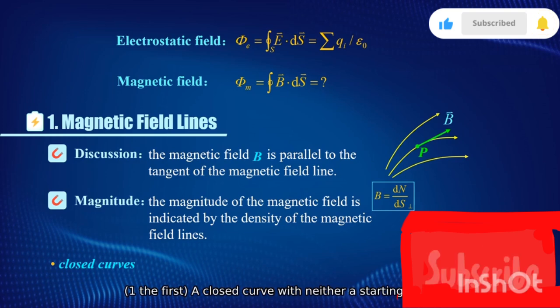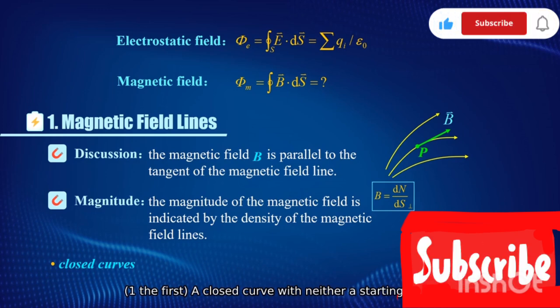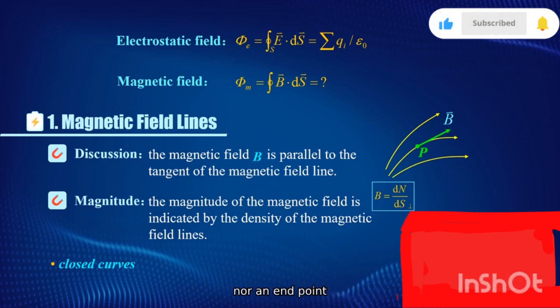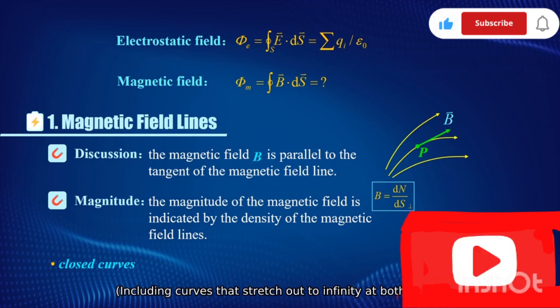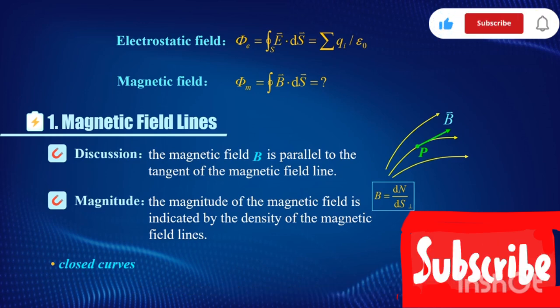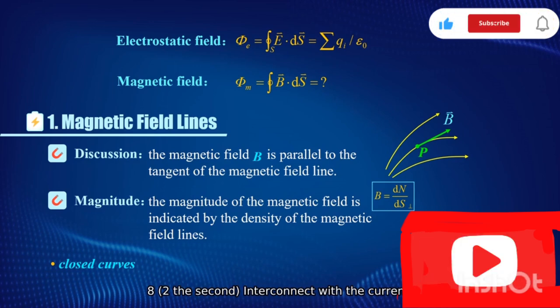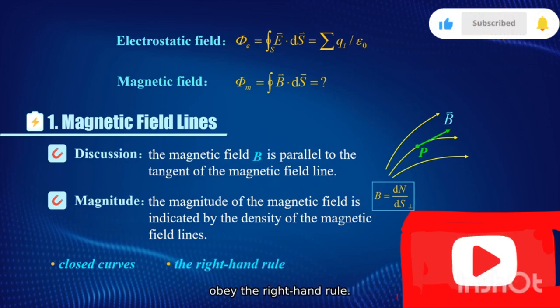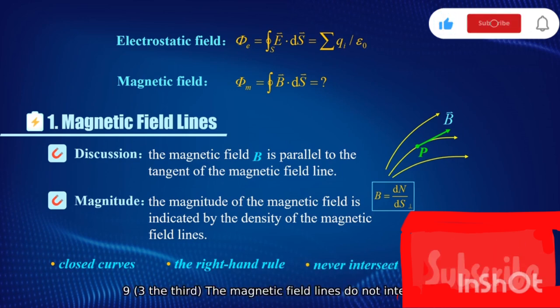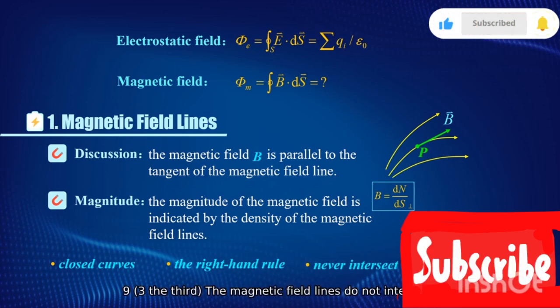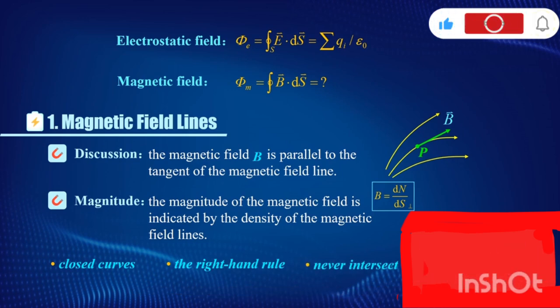The first: they are closed curves with neither a starting point nor an end point, including curves that stretch out to infinity at both ends. The second: they are interlinked with the current and obey the right-hand rule. The third: the magnetic field lines do not intersect.